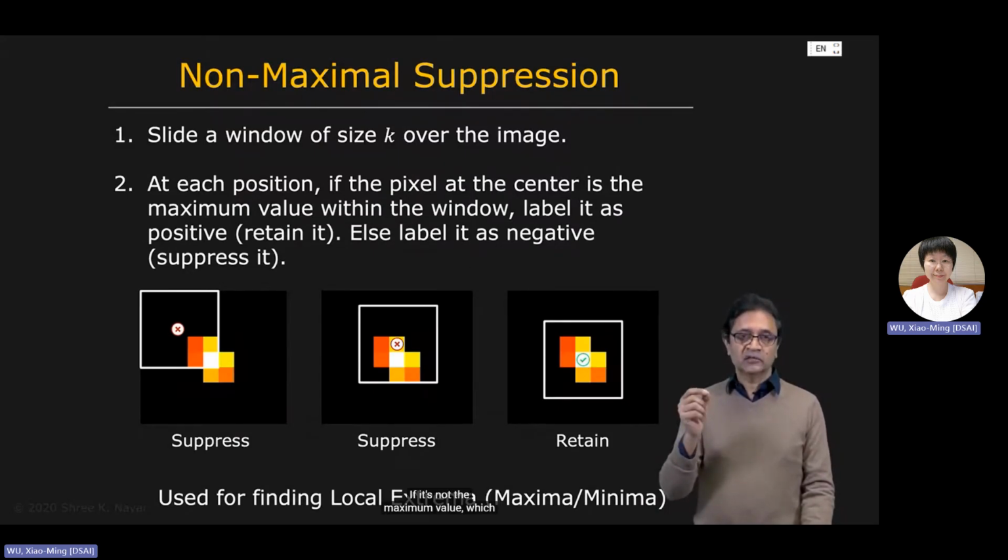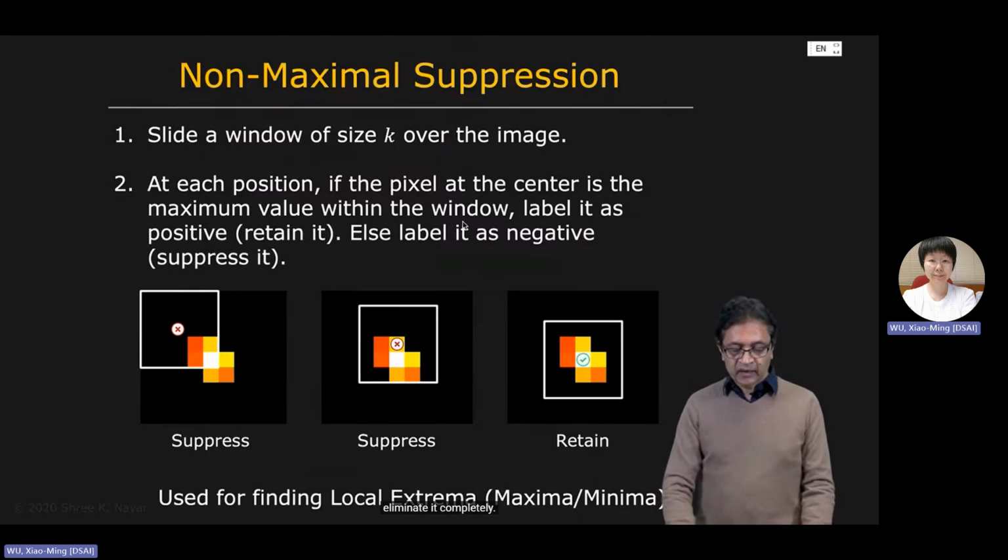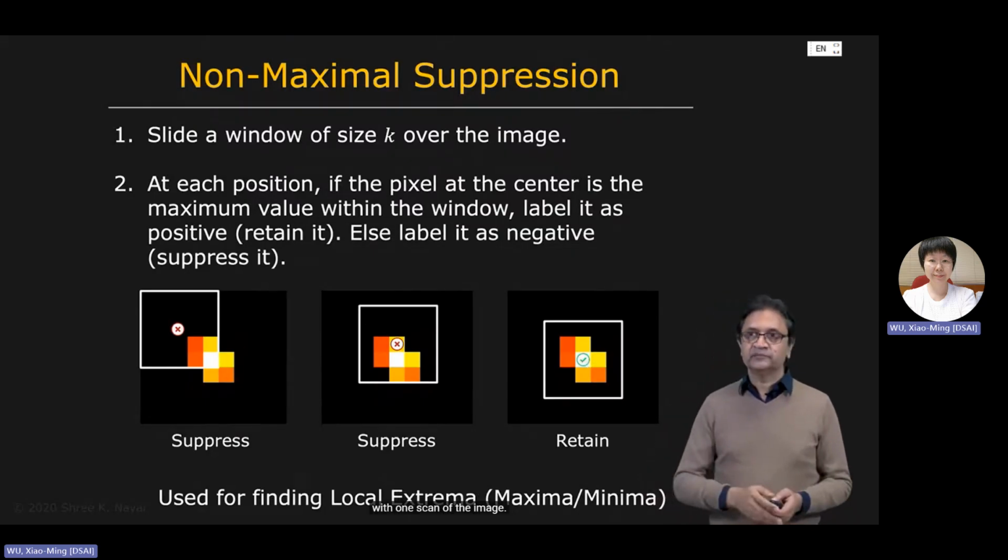If it's not the maximum value, which means there's some other pixel in that tiny window that has a larger value, then you either suppress it, diminish the value, or essentially eliminate it completely. So that's how this works. In this case, this point is clearly not a peak because this point is brighter, so you might just eliminate it or suppress it, and this one happens to be a peak. This way you can find the peaks with one scan of the image.